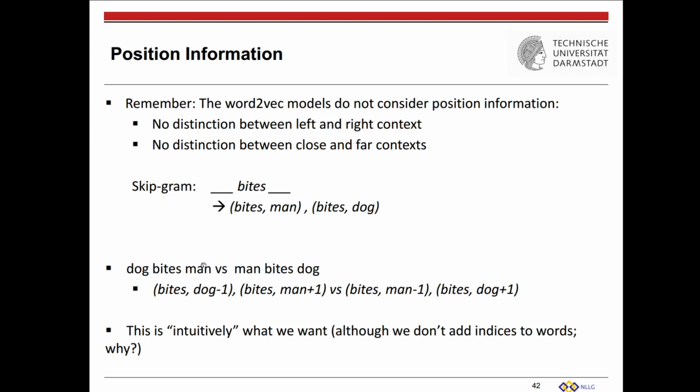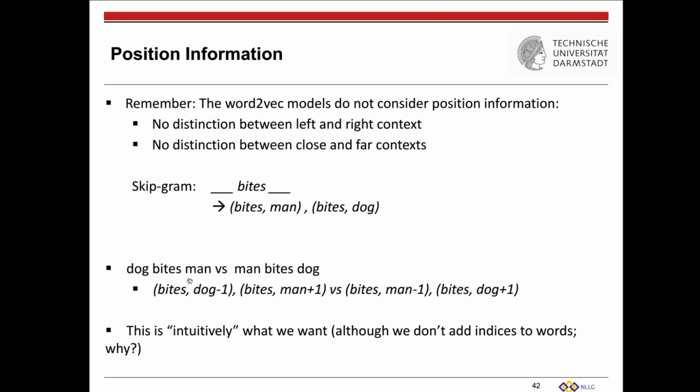So intuitively we would like to index the words to mark that in one case dog precedes bites and in another case dog succeeds bites, right? That's intuitively what we want, although in reality we would not implement a model like this. Why not?